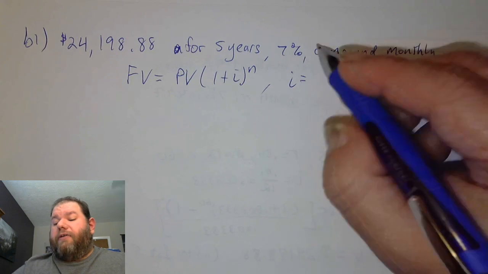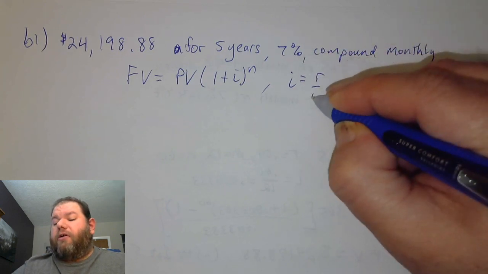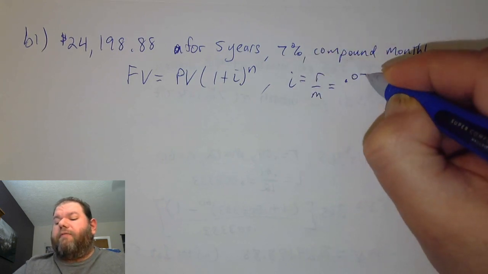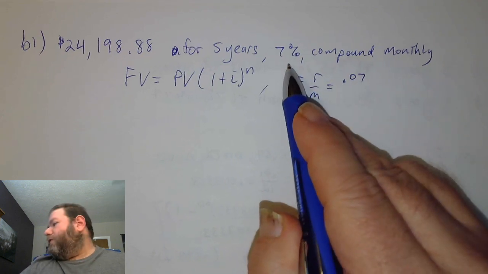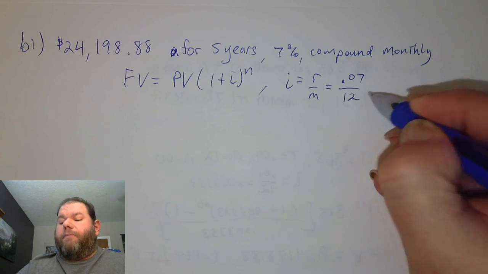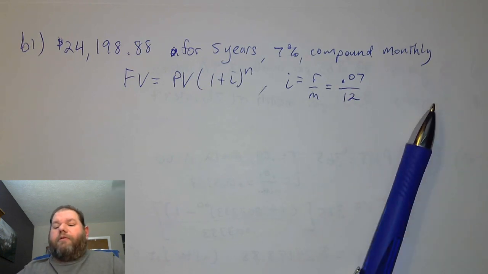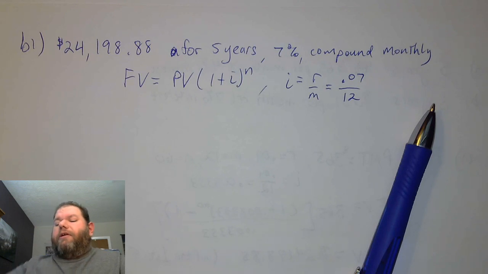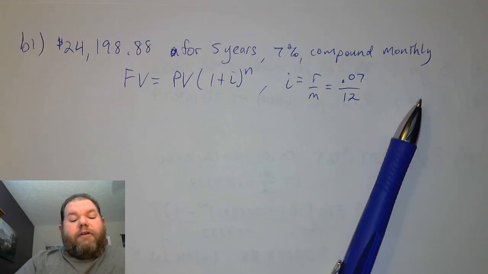So this is our interest rate, R over M, so it's 0.07 is our rate, 7%. It's compounded monthly, so there's 12 compoundings per year. So 0.07 divided by 12.